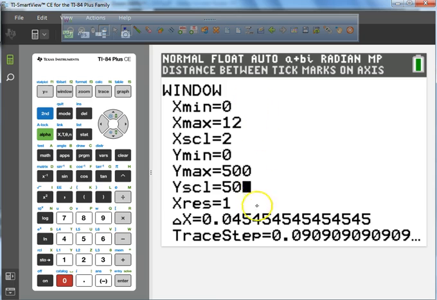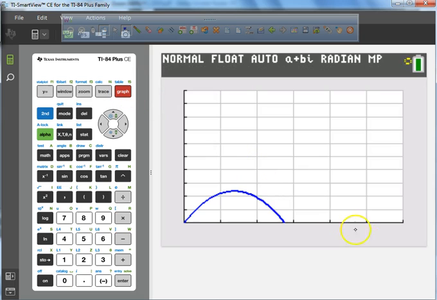Okay. So here's your window. This is what you would have to do in the graphing calculator to be able to see your graph. So right here, where's our maximum height? Right about there, right?